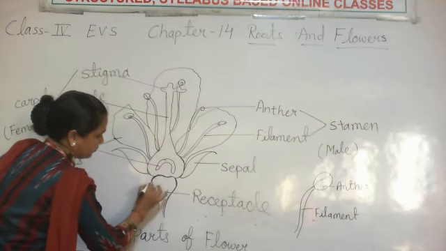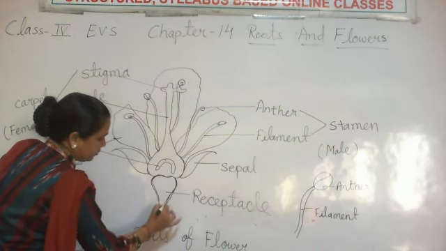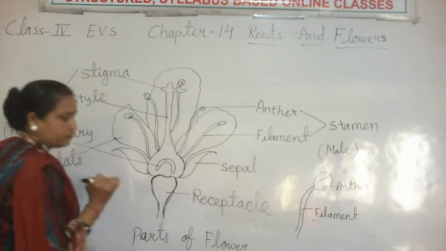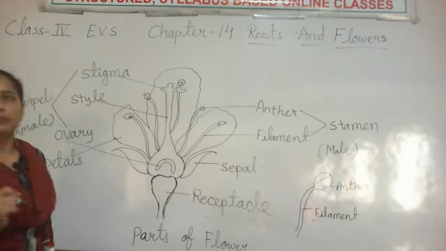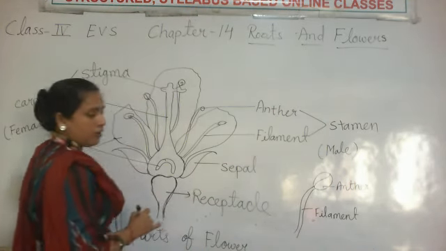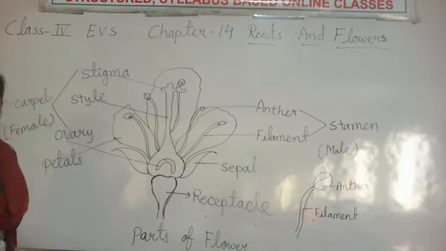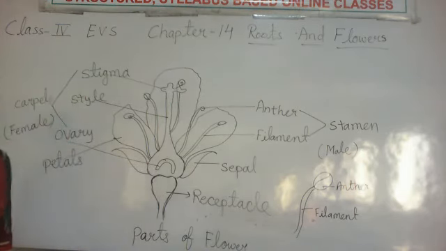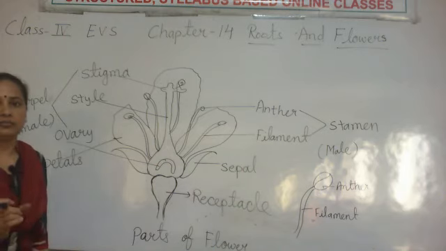Now first part, look here. This part. This is the receptacle. And what is the function of the receptacle? All parts are situated here. Clear? This is the base of the flower.